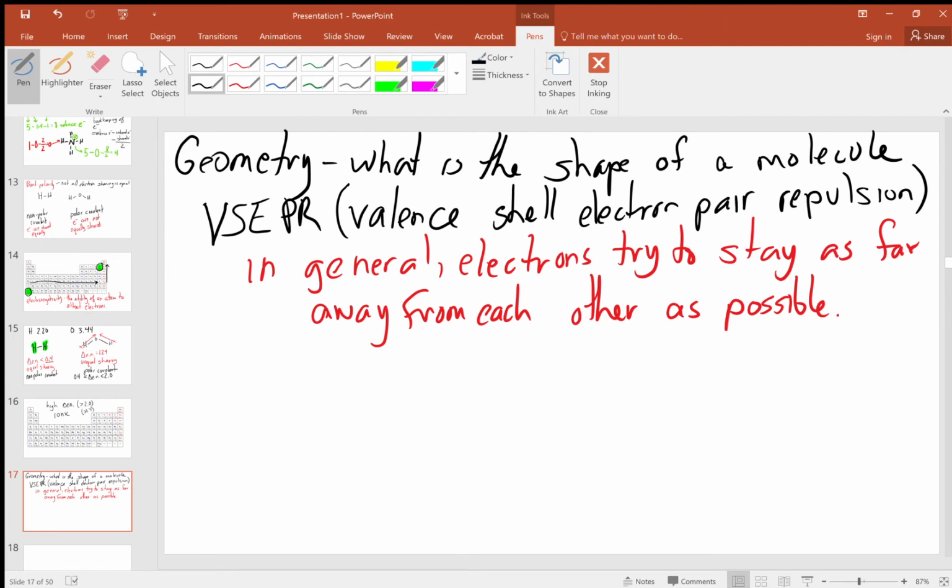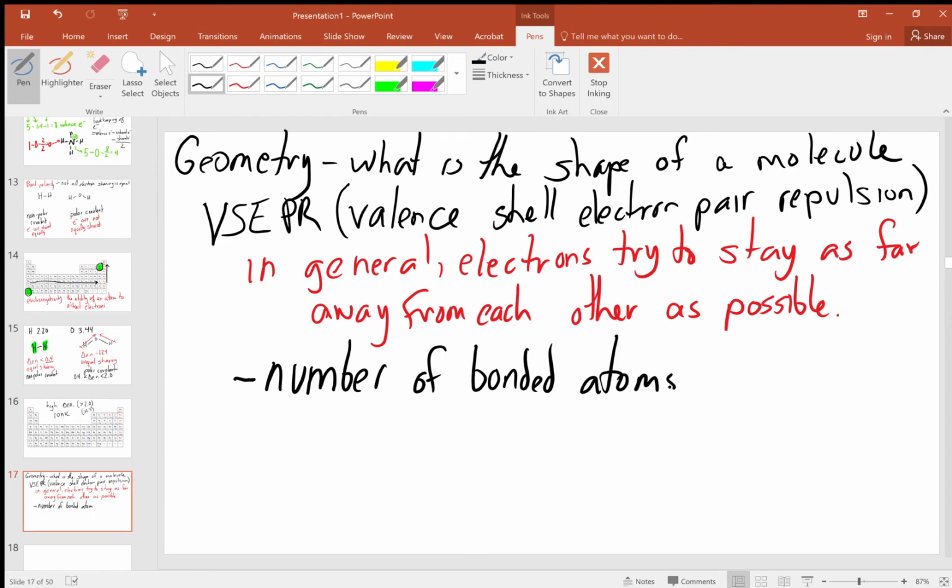So what determines the geometry? Well, two things for any atom. How many atoms it's bonded to, and the number of lone pairs.